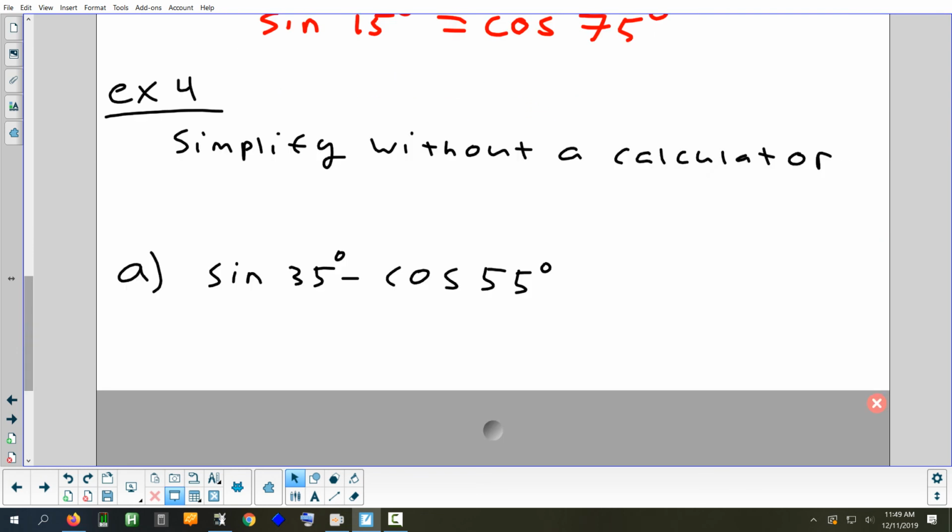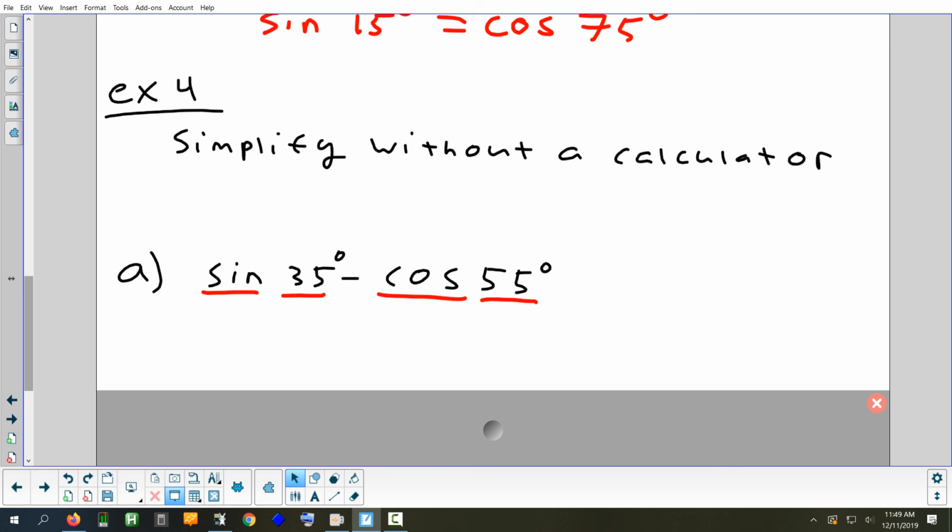Okay. So I'll show you how we're going to finish up and use that idea. I want to simplify that without a calculator. And on a problem like this, I'd probably ask you to explain how you get it. Sine, cosine. What's the relationship between them? Cofunctions. 35, 55. What kind of angles are those? They're complementary.